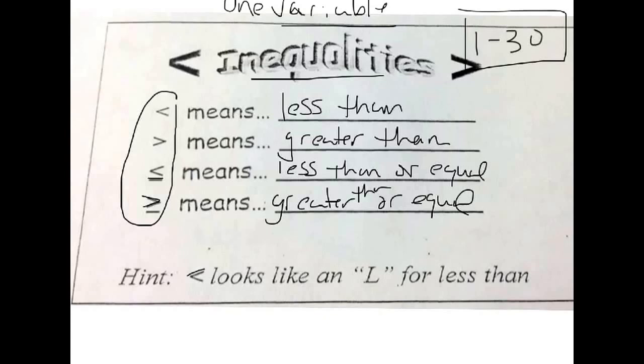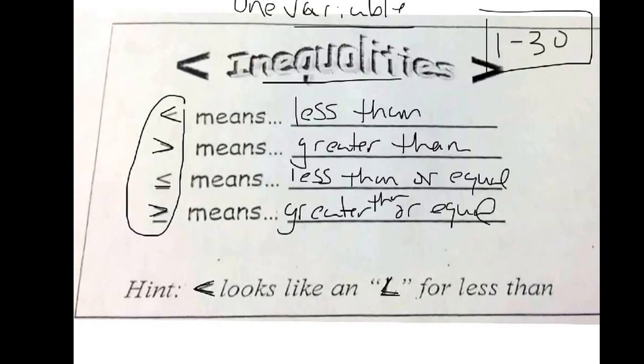A hint: this less than symbol looks sort of like an L, and that's the easiest way to keep less than and greater than separated from each other. Don't let the alligator stuff or the Pac-Man stuff that you learned back in elementary confuse you. If it could be an L, then it's a less than. If it couldn't be an L, then it's greater than.